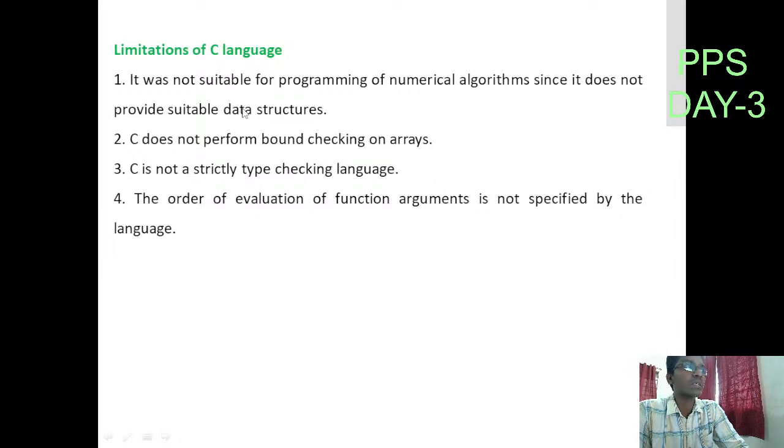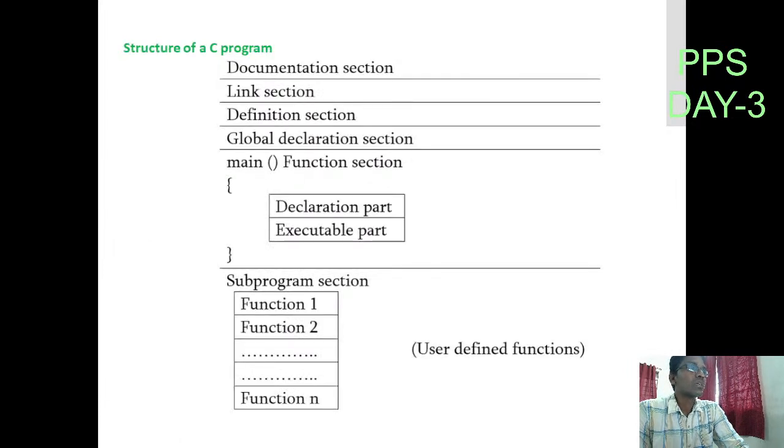Now coming to the structure of a C program. This is one of the important structures in C programming. If you want to convert your entire algorithm into the form of a programming language, you need to follow this structure.